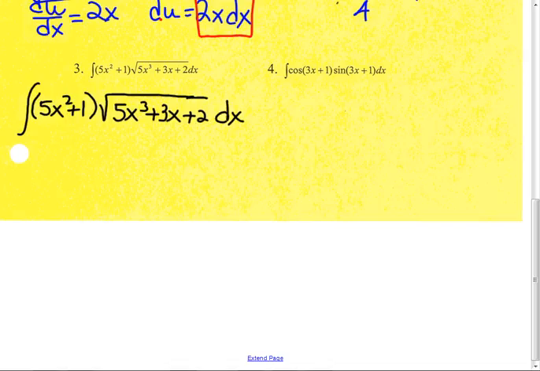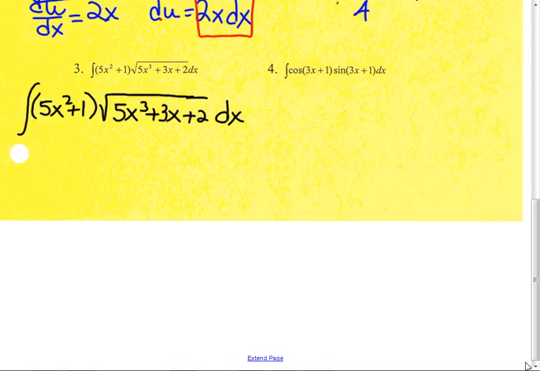I look for a function inside there, in the composite function, such that I see its derivative or a multiple of its derivative. So if I let u equal 5x squared plus 1, its derivative is 10x. Doesn't even look close to 10x, does it? So what would you like u to be? Instead of 5x squared plus 1.